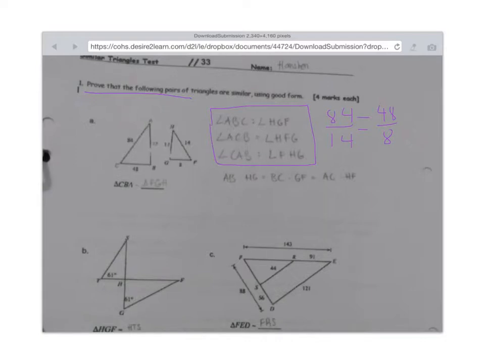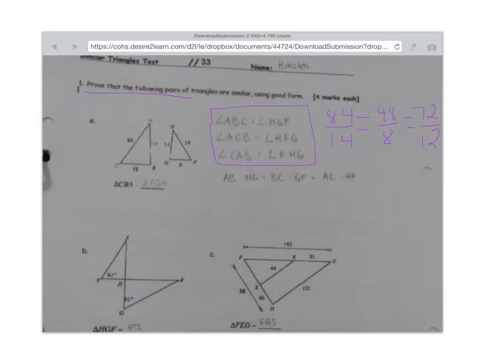So it looks like the one set of sides is 6 times bigger than the other set of sides, and then the other two corresponding sides are 72 to 12.